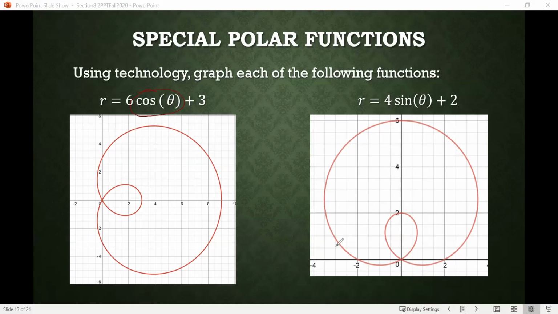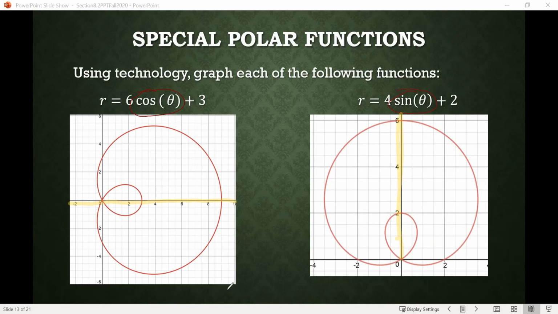And notice how the graph itself down here is centered on the horizontal or the x-axis. In the other equation, notice that we have a sine value. And we know on a unit circle, sine values are y values. And notice how this graph here is centered on the vertical axis or the y-axis. So we see there's some connection there.